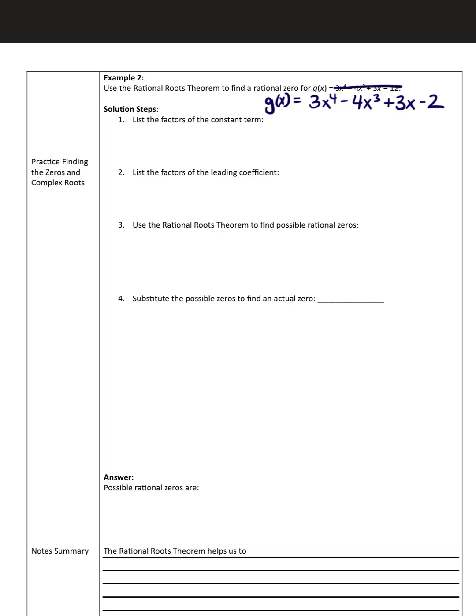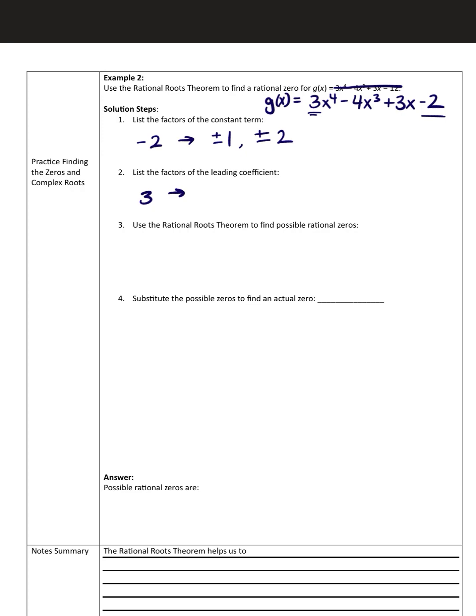All right, so let's start with listing our factors of the constant term. In this case, our constant term is negative 2. So my possible factors for negative 2 include negative 1 and positive 1, positive 2 and negative 2. Now I'm going to look at my leading coefficient, which is positive 3.